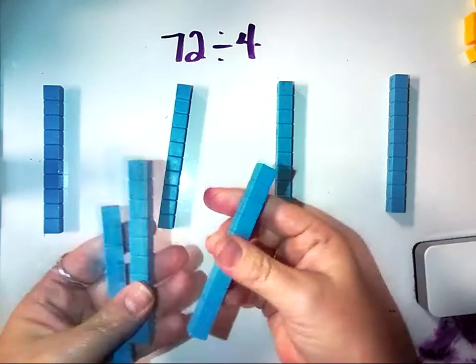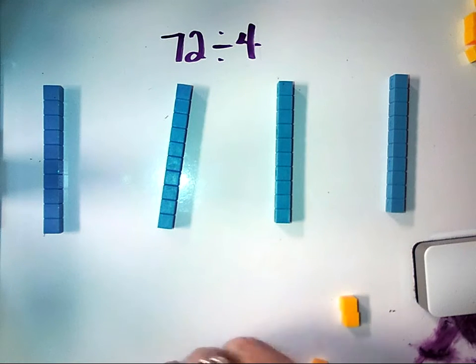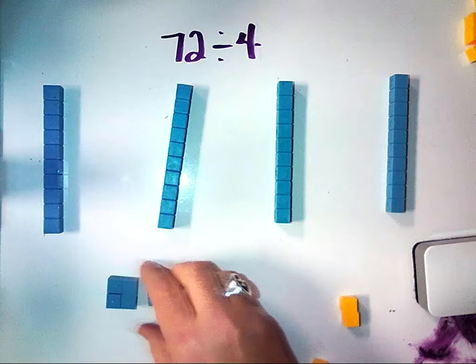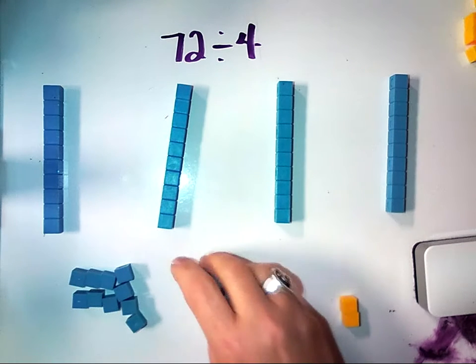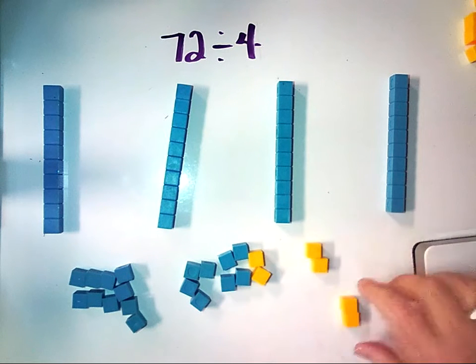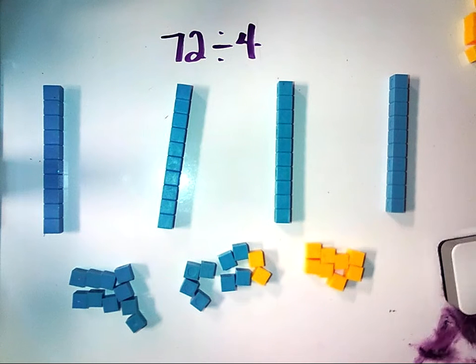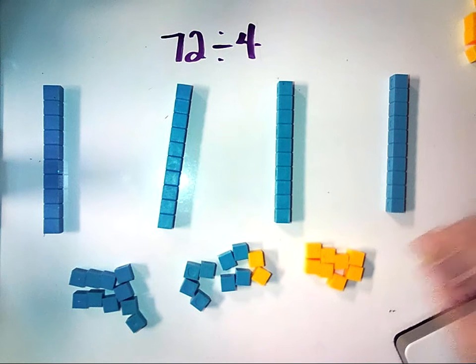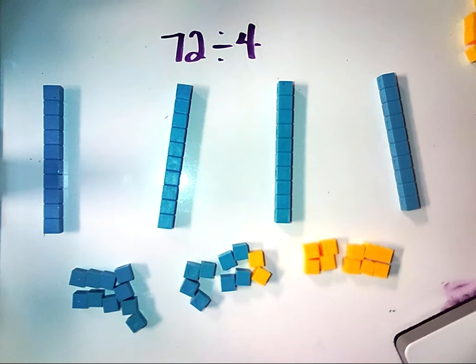So I have to make an exchange. So 10, 20, 30. I need to exchange those. So 2, 4, 6, there's 10. There's 20. And 2, 4, 6, 8, 10. Plus the original 2, right? Because we had 72.